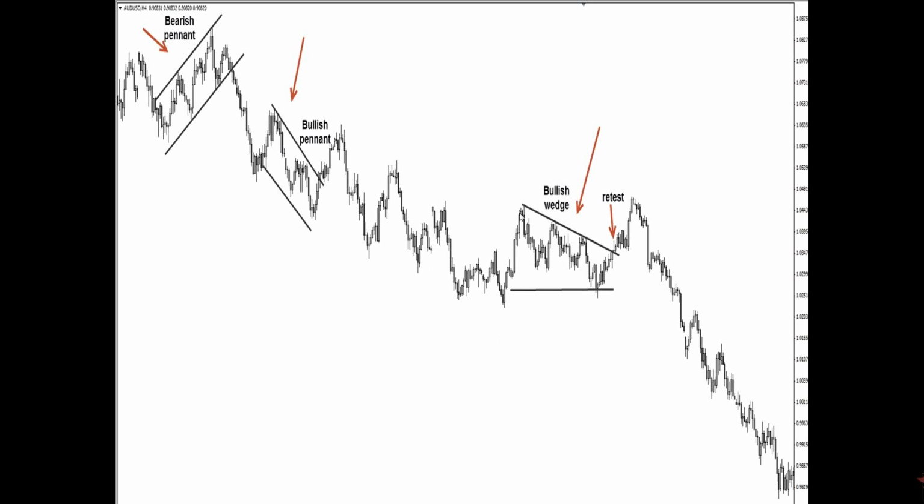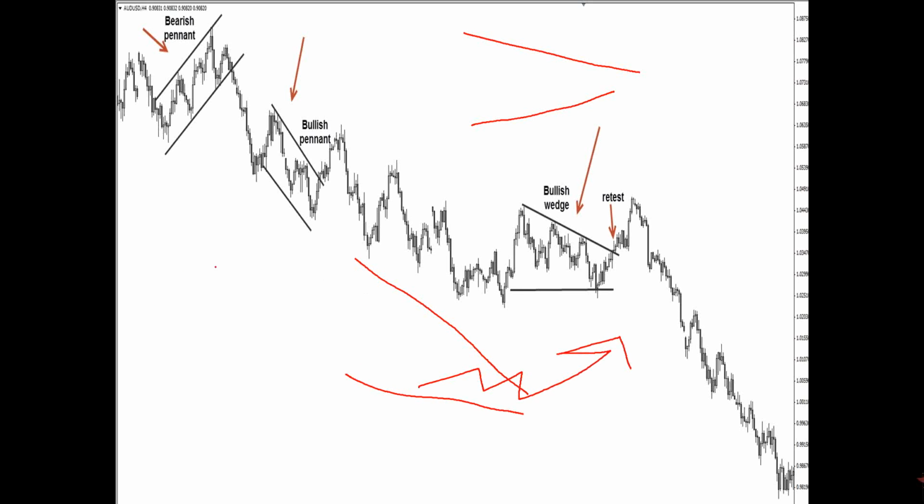This is a bullish wedge. Basically a bullish wedge will usually look like this, or like this. So a falling wedge is a bullish wedge, and a rising wedge is a bearish wedge. When you see those two kinds of patterns, you know whether that is bullish or bearish.